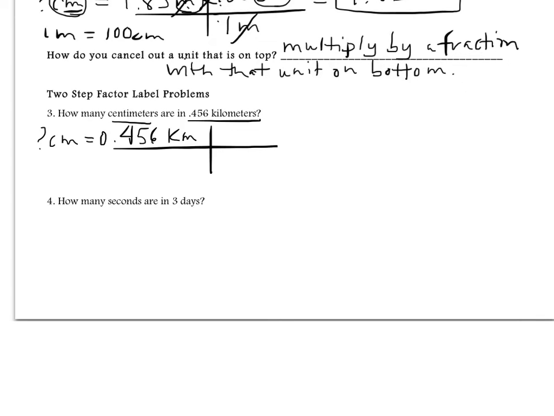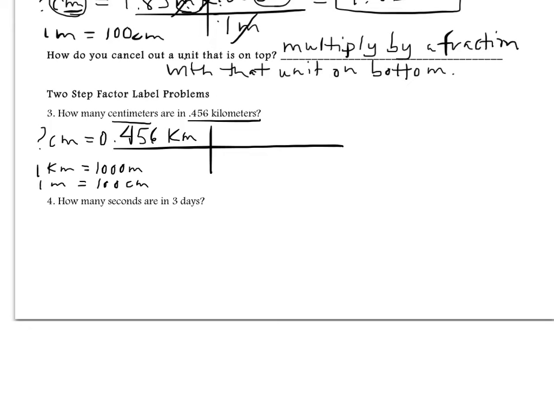I still set up my picket fence. But when I go to look for a conversion from kilometers to centimeters, there's not one. So, what I notice is that I can get from 1 kilometer to 1,000 meters, and then from 1 meter to 100 centimeters.